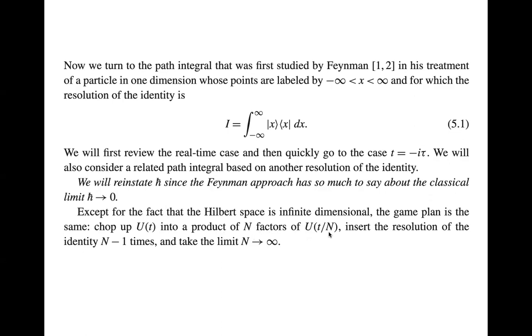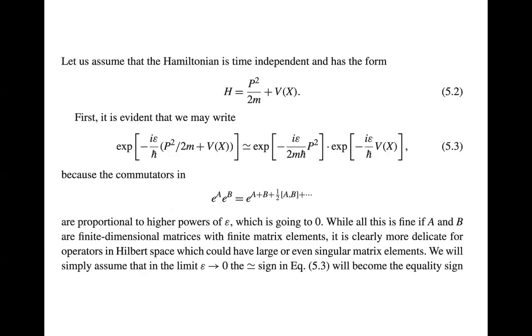By chopping the time interval from 0 to t into n pieces, inserting the resolution of identity, and taking n to infinity, we are trying to understand how this particle in one spatial dimension evolves as time goes, and U(t) is the evolution operator of the state of the particle. So this is Feynman's path integral in real time. Let's see how things work.